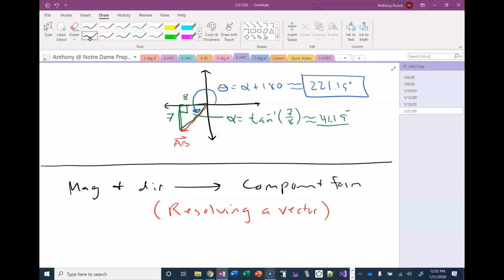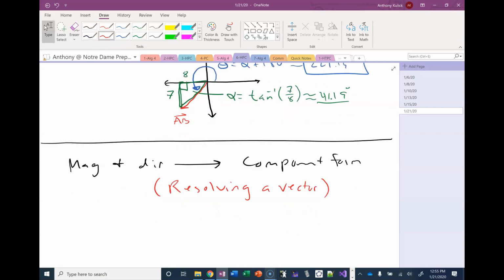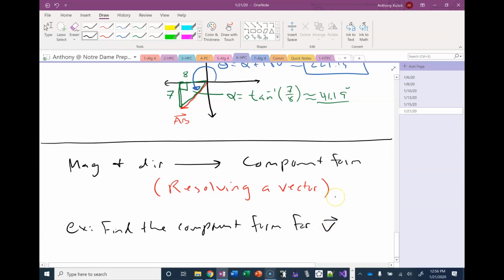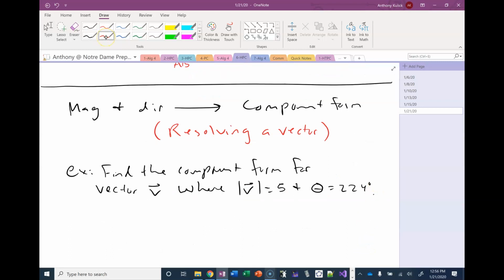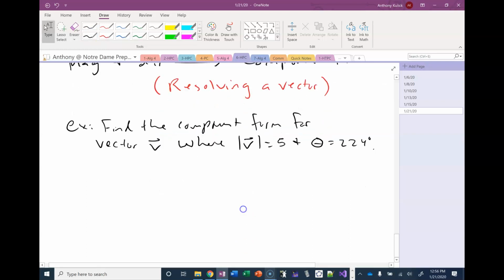Sometimes this process is also called resolving a vector. So let's say we want to find the component form for a vector v that has magnitude of 5 and direction of 224 degrees.